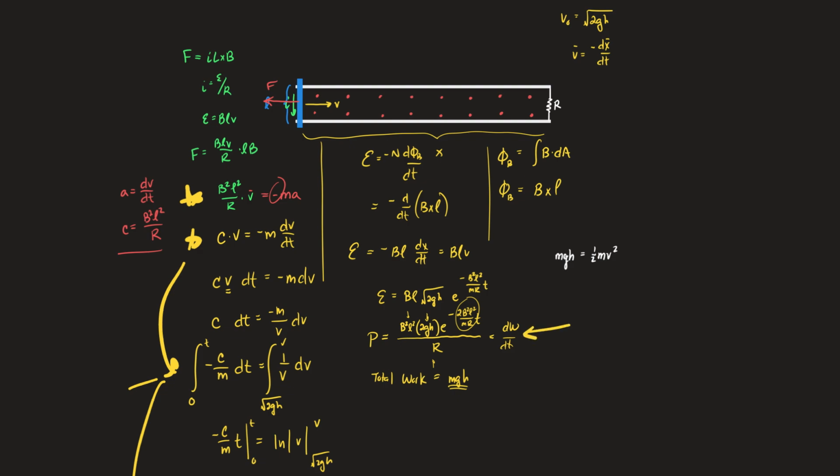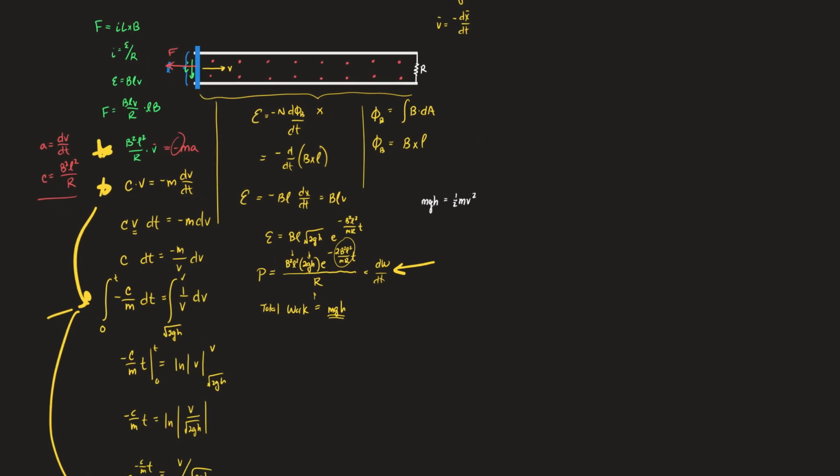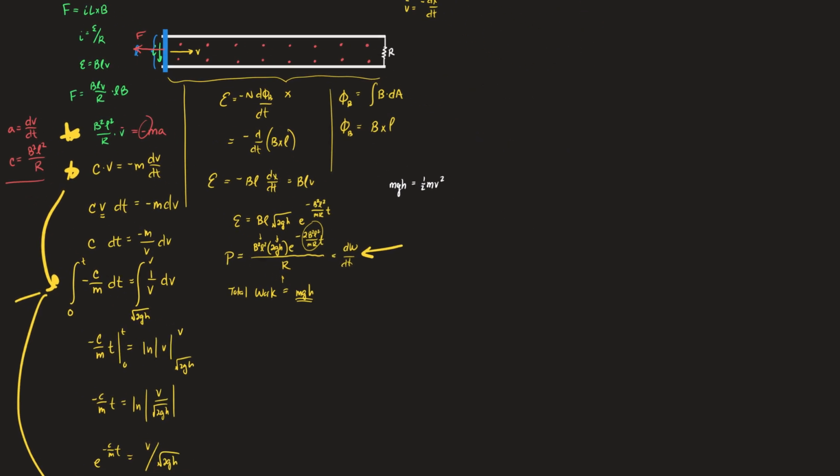So just to be thorough, and although we didn't do this in class, I think it's appropriate. Does it really equal MGH? So we take dW and split the differential. It's a mess, but hear me out.